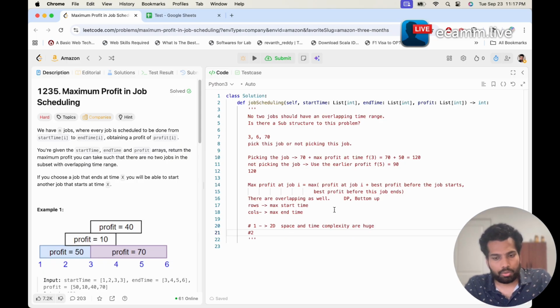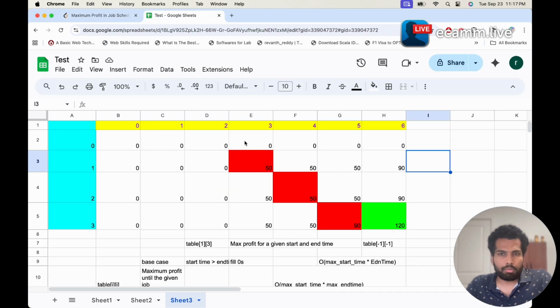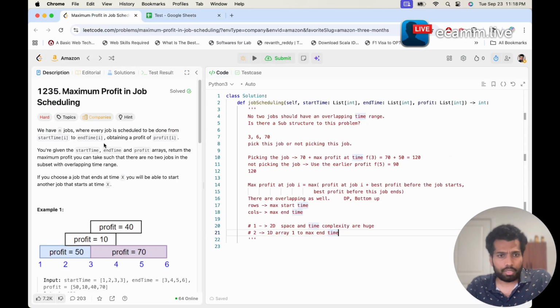The second approach, which I think we could still solve, is using a 1D array, where the array ranges from 1 to the max end time. So we can optimize this solution. Instead of creating a 2D table with start and end times, we can just create a 1D array with the range of 0 to the maximum end time.